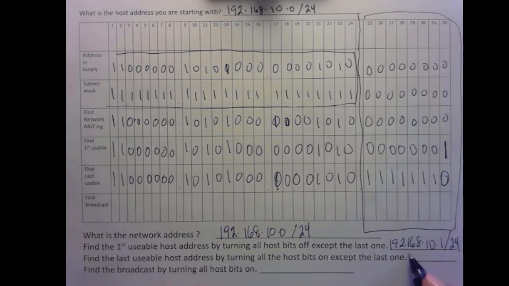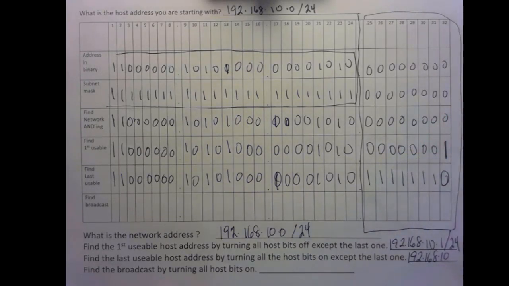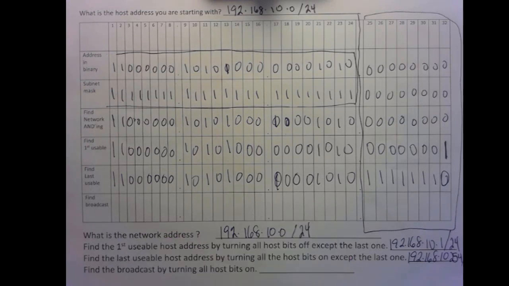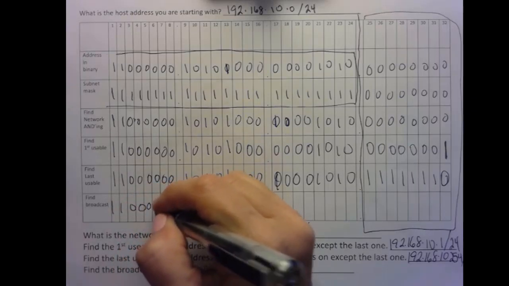Okay, so now I've got the same network portion, but what's changed is I've turned all of these on. So if I add all of these up except the last one, I've got a 254/24. Okay? Now the broadcast address. Remember, a broadcast address is the address that we can use to broadcast to every device that's on the network. All of this is going to stay the same, right?